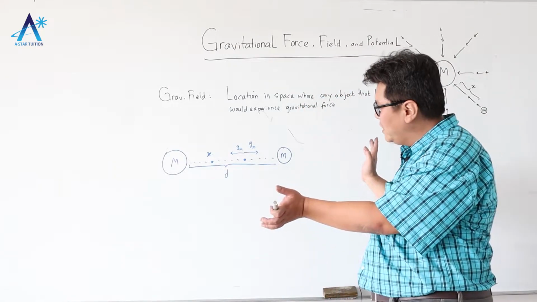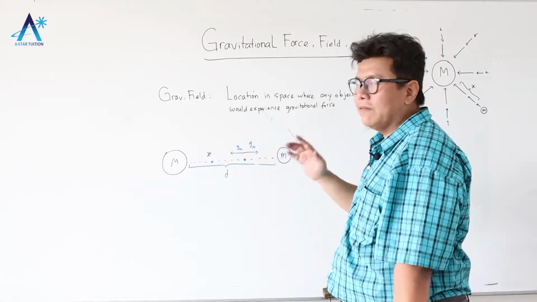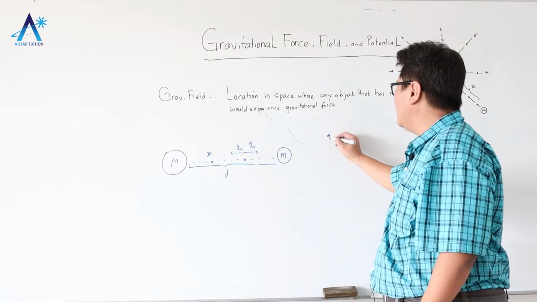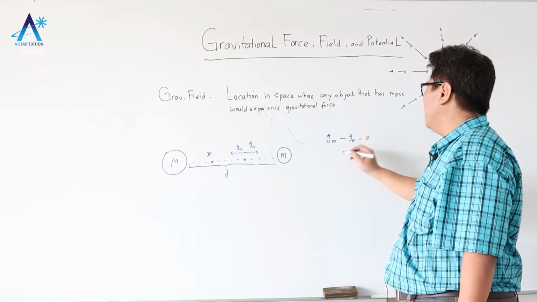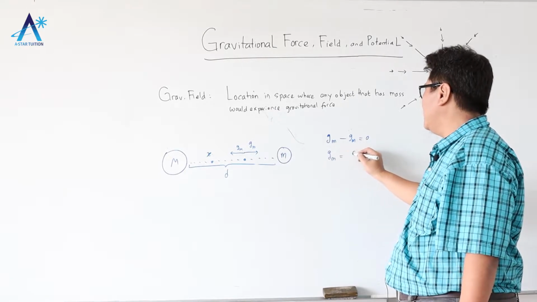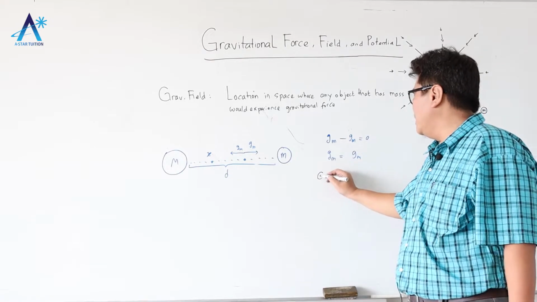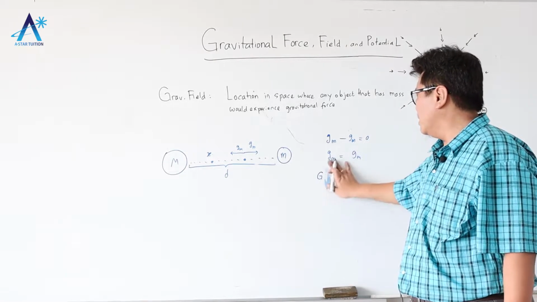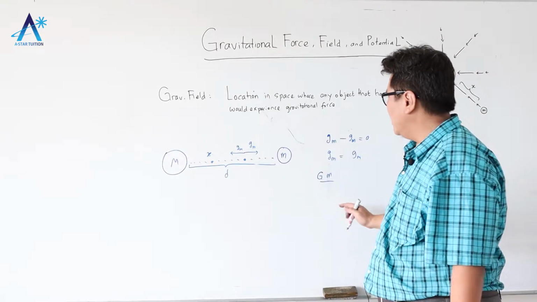So in order for the field G to be 0, you only need to impose that the two must have the same magnitude. In other words, G lowercase m minus G capital M equals 0. So G lowercase m equals G capital M. Now G lowercase m is equal to G times lowercase m over the distance squared.